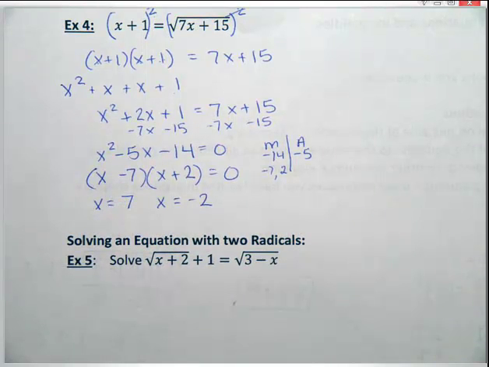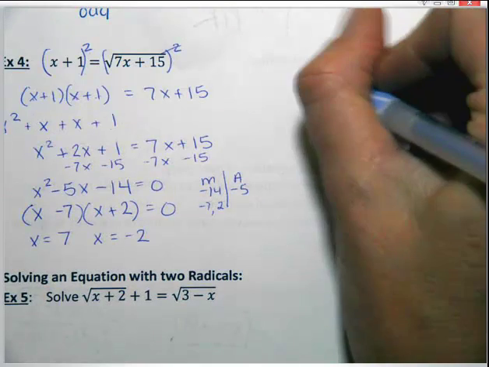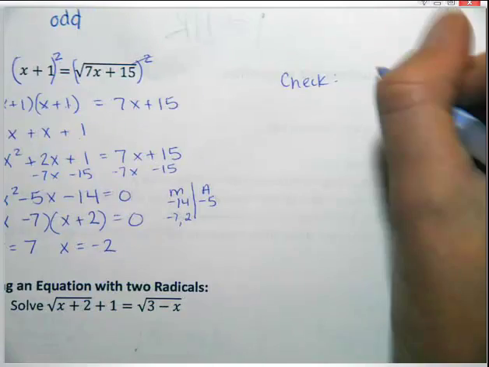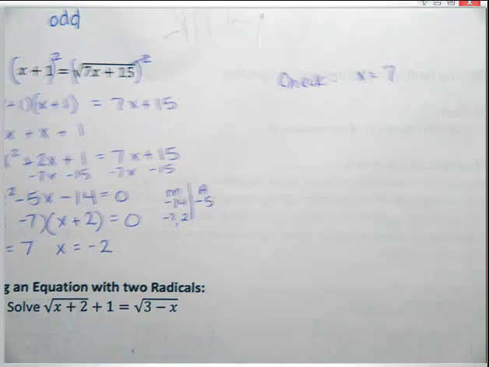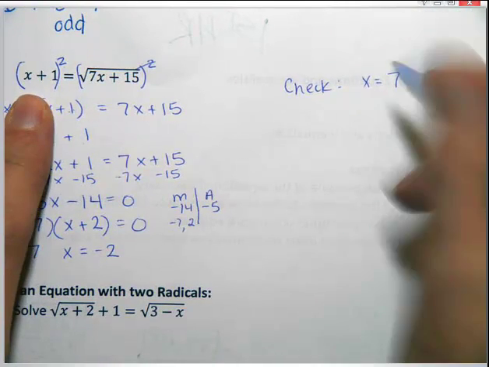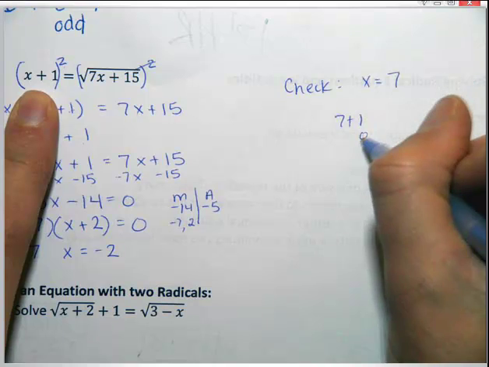So these are my two solutions, but remember what we said about these equations. When I squared both sides, I might have introduced an extraneous solution. Probably one of these is extraneous. What I want to do is plug them back in to check. So I'm going to check, first of all, the x equals 7 by plugging it back in here. So 7 plus 1 is 8.